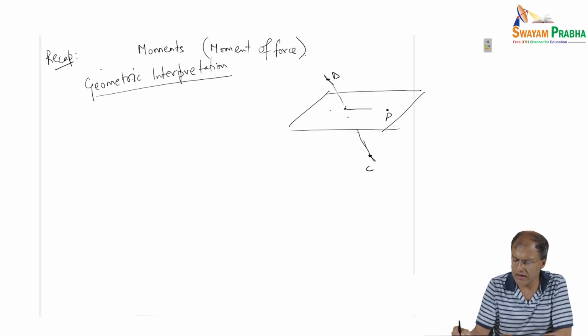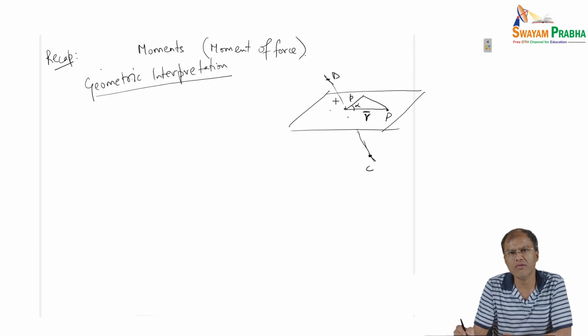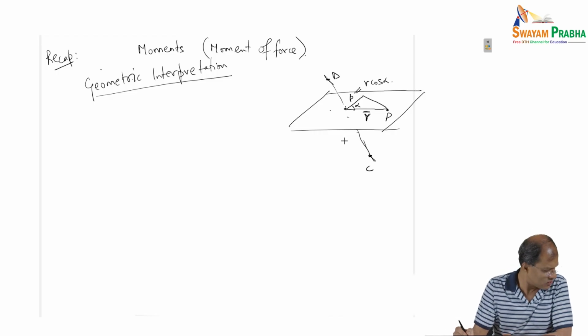Let us say the distance of the particle under consideration from the axis is r, and all we care about is not this distance r, but the perpendicular distance of this particle from the axis of rotation. So let's say the perpendicular p, small p, makes an angle alpha with the axis of rotation, which means that p is nothing but r cos alpha based on the diagram. And this is my 90 degrees.